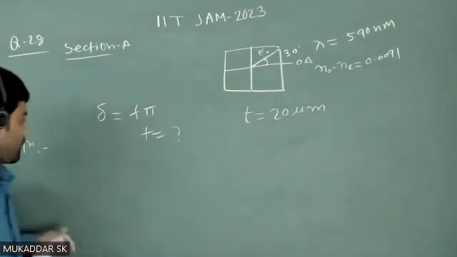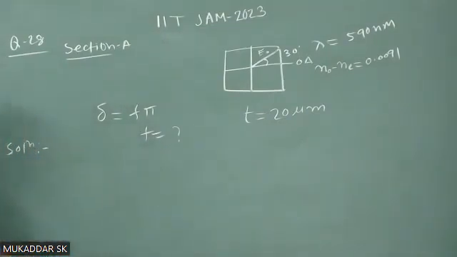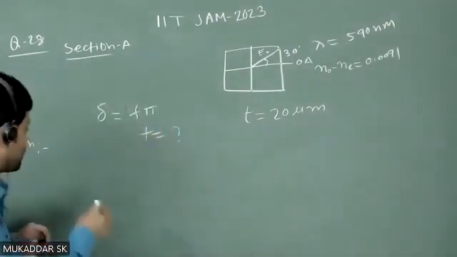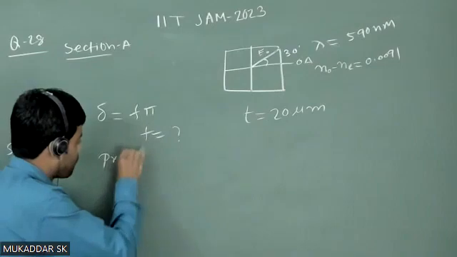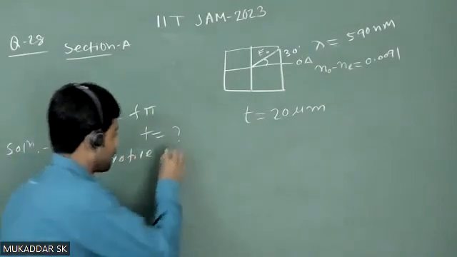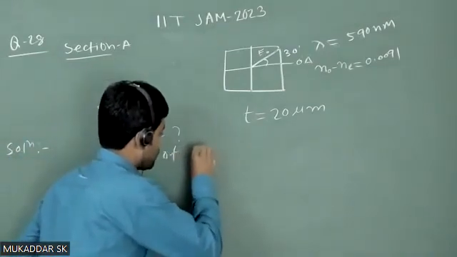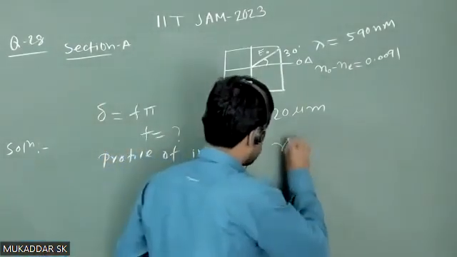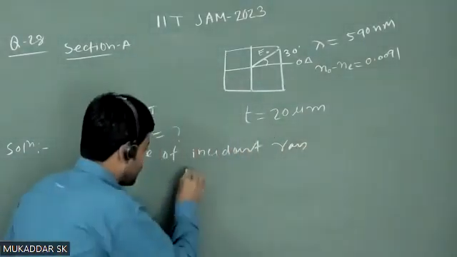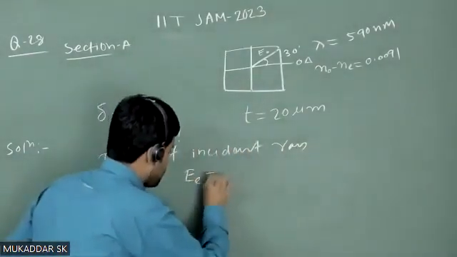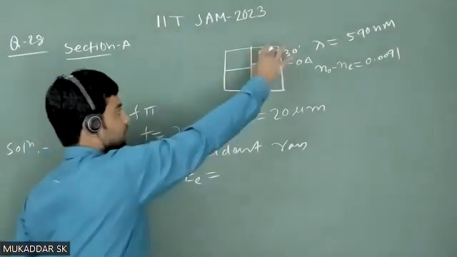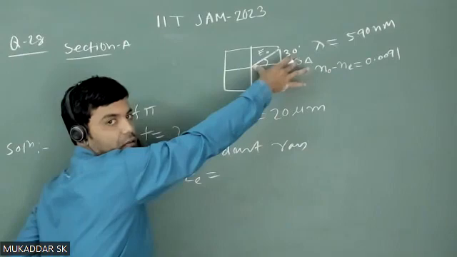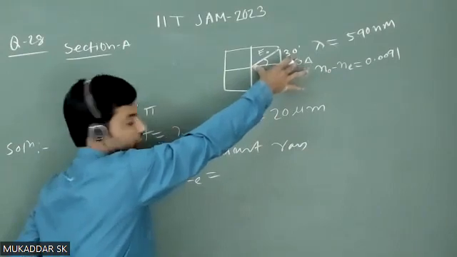So I can represent the profile of the incident ray. For the E ray, the amplitude will be the component of the total amplitude E naught along the optic axis.